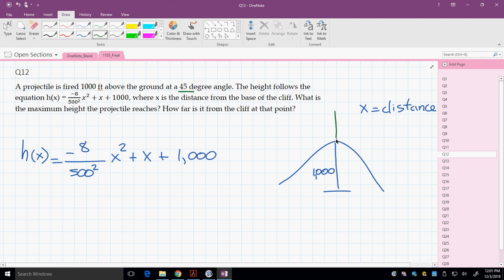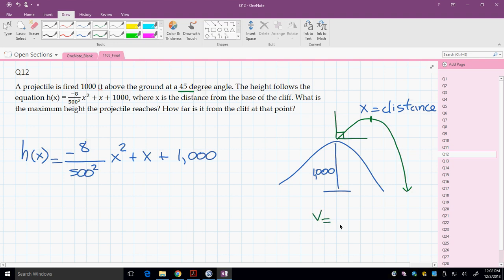So if we think about a 90-degree angle, half of 90 is 45. We're throwing something like this. Because the function is squared, we know we're going to make something close to a parabola or half a parabola, and it's negative at the beginning, so we know it's going to go down. To find the maximum height, it will be here, which is the vertex.